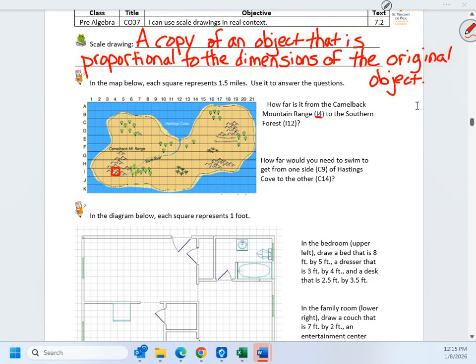In the middle of the Camelback mountain range, I have to go to the specific spot they're telling me. How far is that to the southern forest, which is I-12, which is right here. So knowing that each square is 1.5 miles, how far is that distance? How many miles?